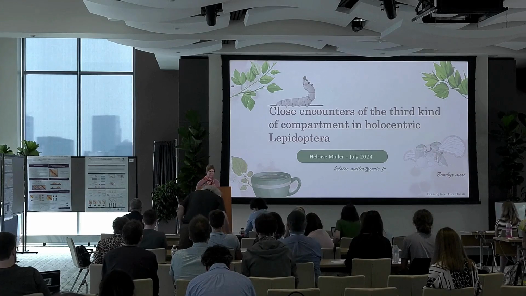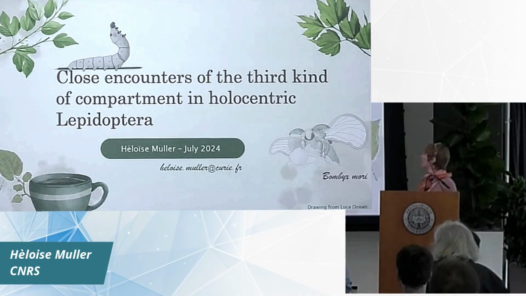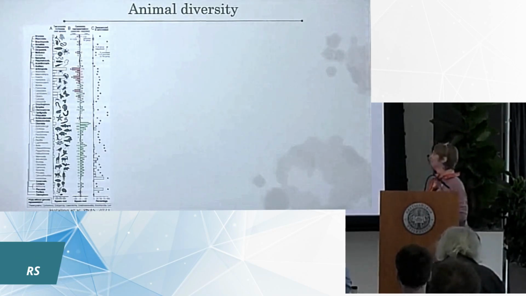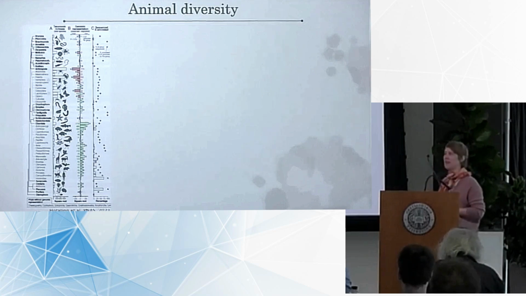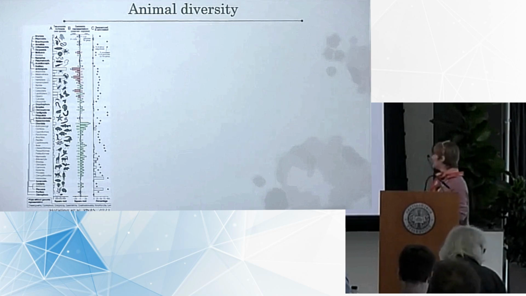Hi everybody. Today I'm going to tell you about the genome architecture in the silkworm, mainly Bombyx mori. And maybe the first question we can ask is why do we want to study this species? Here are some of the reasons.